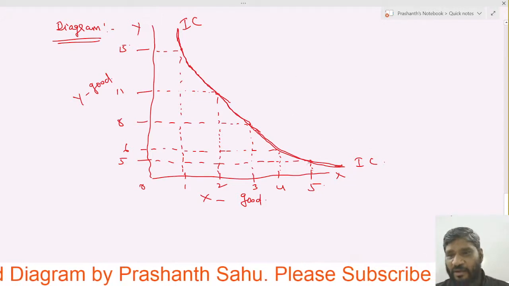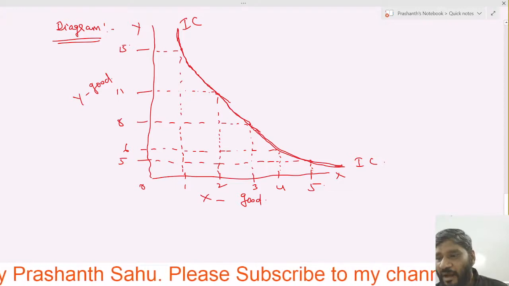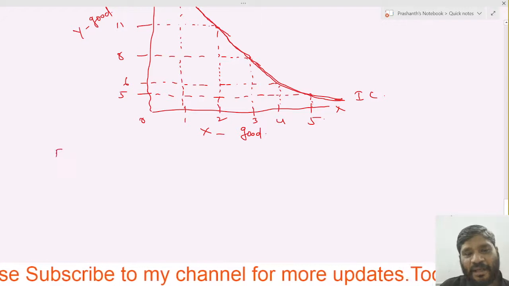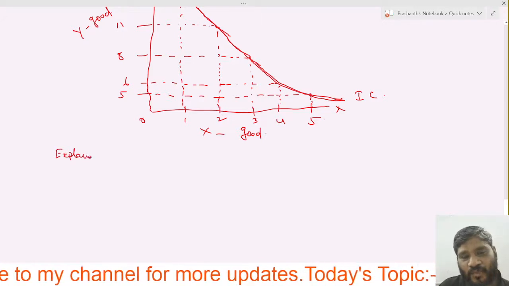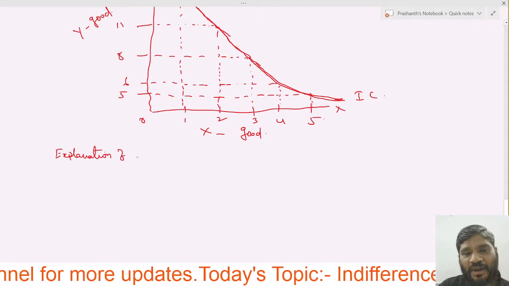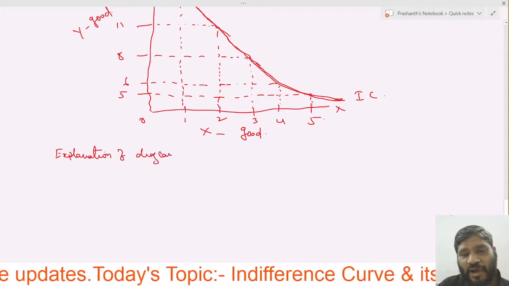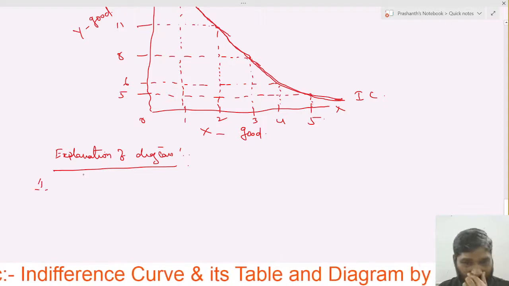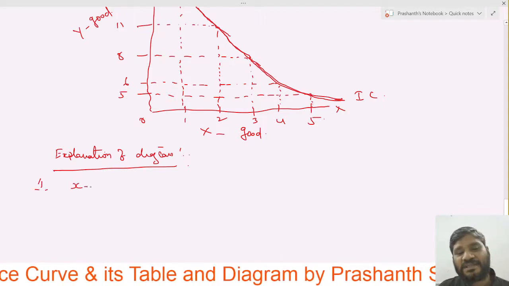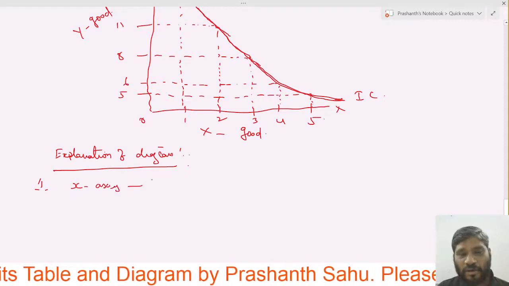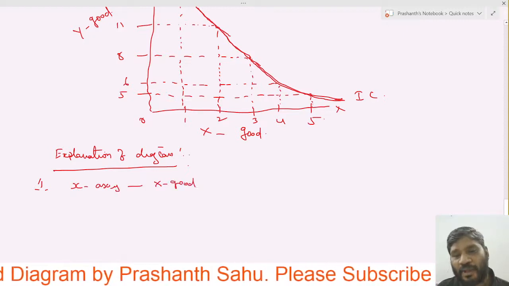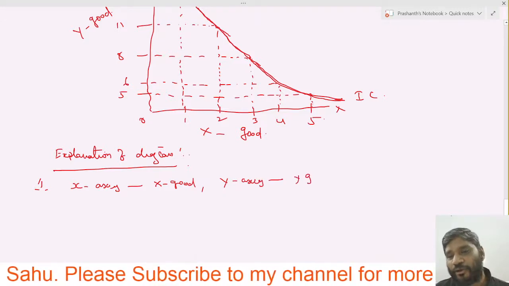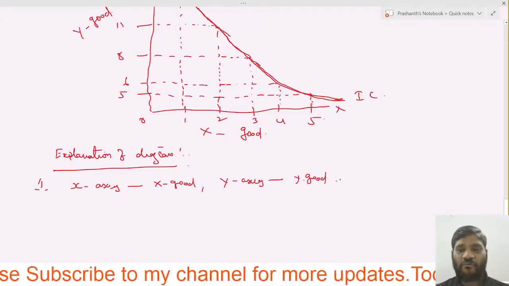So if you see, let me write some diagram explanation. Under this explanation of diagram, first of all, we have to configure that the x axis shows x good and the y axis shows y good.